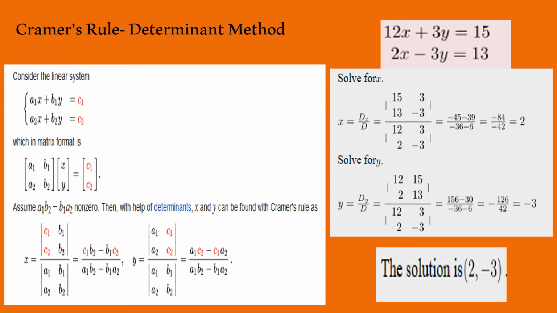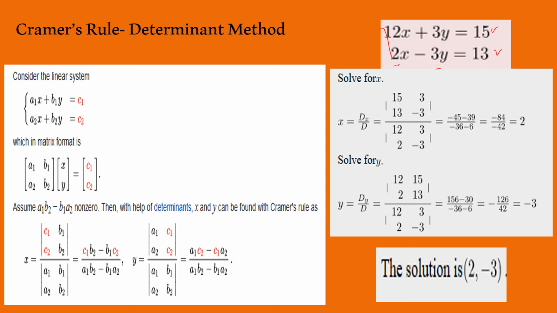For example, to solve this equation 12x plus 3y equal to 15 and 2x minus 3y equal to 13 using Cramer's rule, we have this augmented matrix 12, 3, 2, negative 3 and 15, 13. So this coefficient of x, 12 and 2, will be replaced by these constants 15 and 13 here.